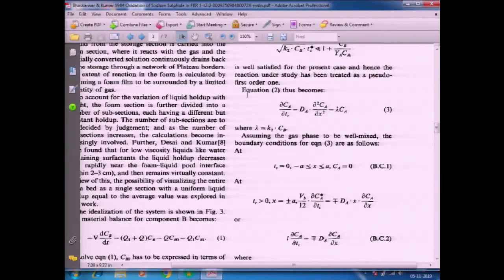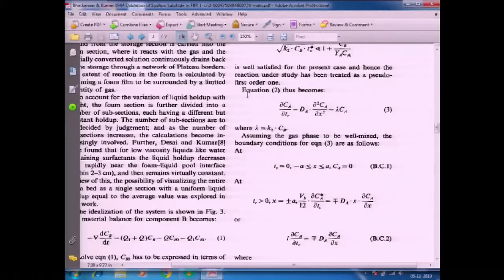That is the problem we need to solve, but there is one more hitch here, and that is we have a gas phase concentration on the left hand side. Ca star is the gas phase concentration. We can't solve this problem until we have replaced the gas phase concentration in terms of the liquid phase concentration at the interface, and there we make use of Henry's law.